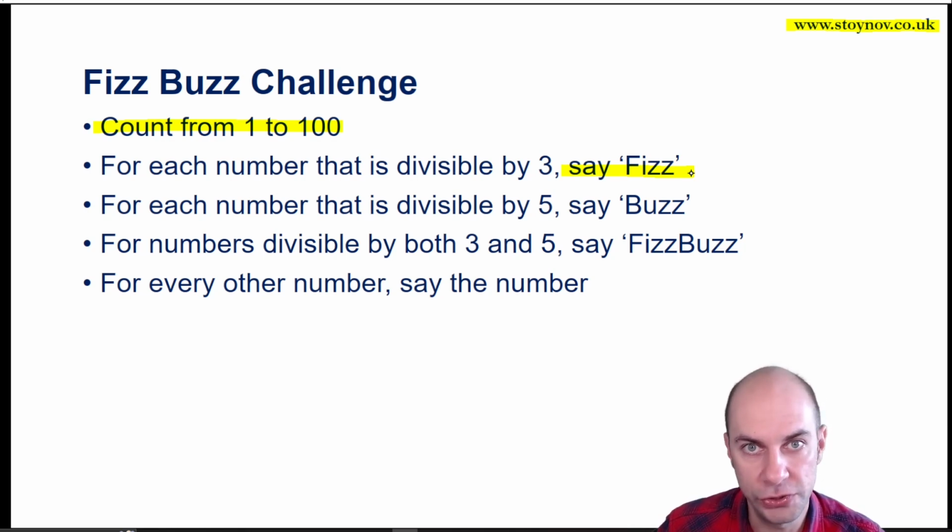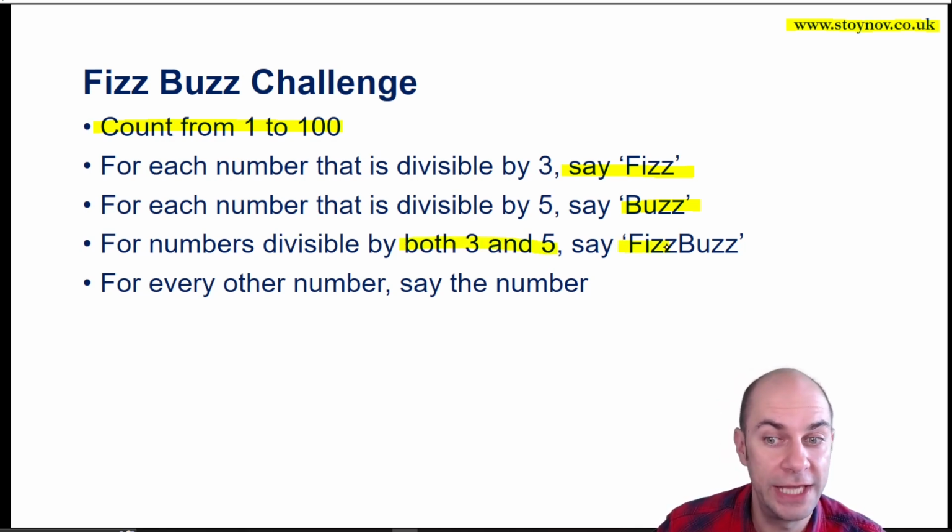And then when I get to 6, I will have to say Fizz. And when I get to 9, I'll have to say Fizz again. For each number that is divisible by 5, I'll say Buzz. So numbers like 5 and 10, I should say Buzz, or I should print Buzz in my program. But if a number is divisible by both 3 and 5, then I should say FizzBuzz.